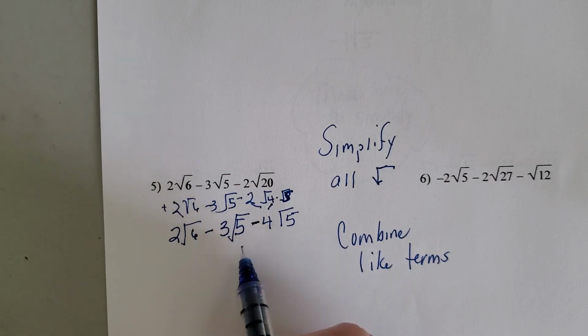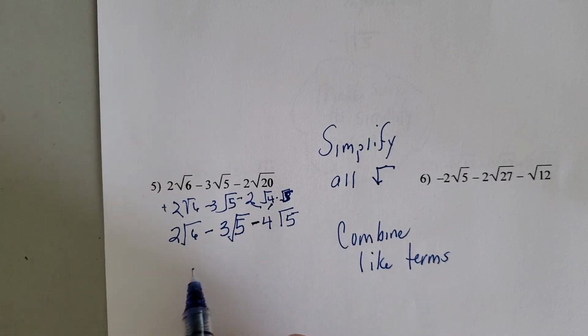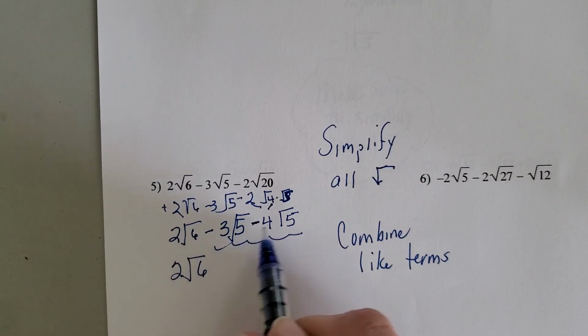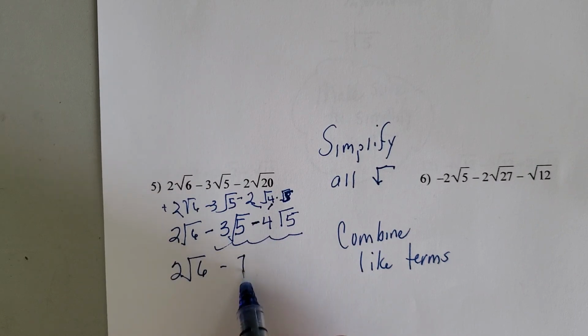Now we look, we've got some radical 5s we can combine. So there's no radical 6's, so that just stays. And then when we look at these radical 5's, we have a negative 3 and a negative 4, which gives us a negative 7 radical 5.